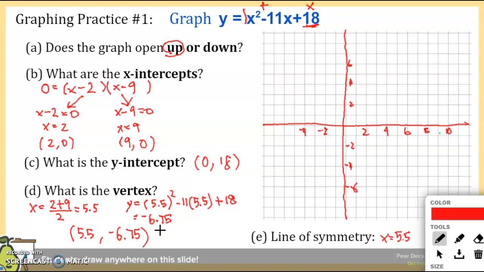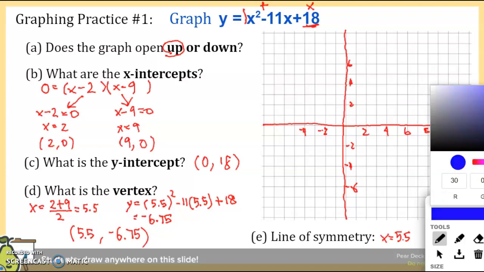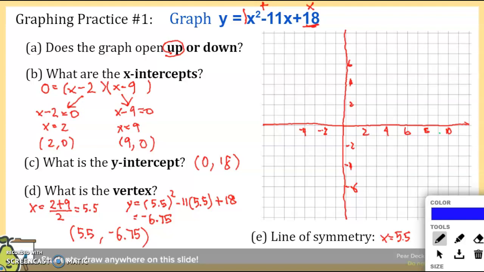Alright, so then what are my x-intercepts? I have my two x-intercepts to be 2, 0 and 9, 0. The vertex is 5.5, so this is my 5, and 5.5 will be here, and negative 6.75 will be about here.